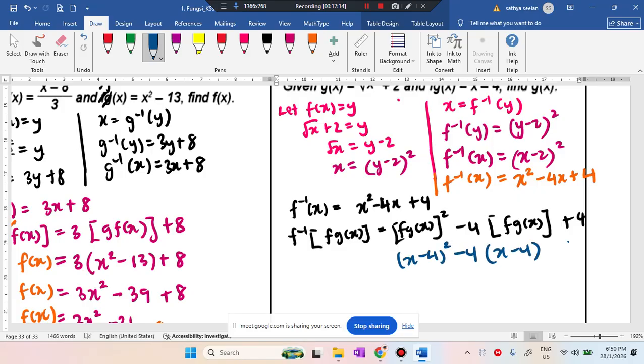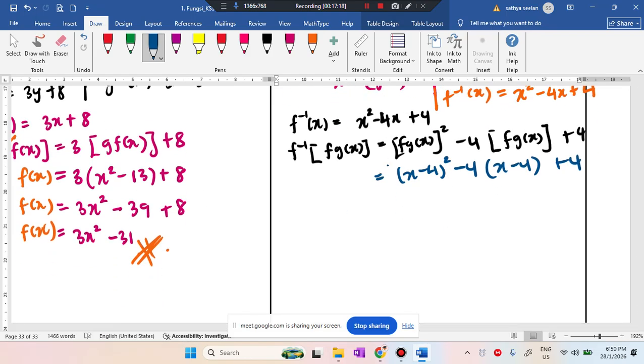And then, dekat belakang, negative 4 kita square, kita dapat 16. Okay, dekat tengah-tengah, you tengok. 2 darab negative 4, kita dapat negative 8. Darab X, negative 8X. Okay. And then here, minus 4X. Minus, bracket, minus is positive 16. And plus 4.